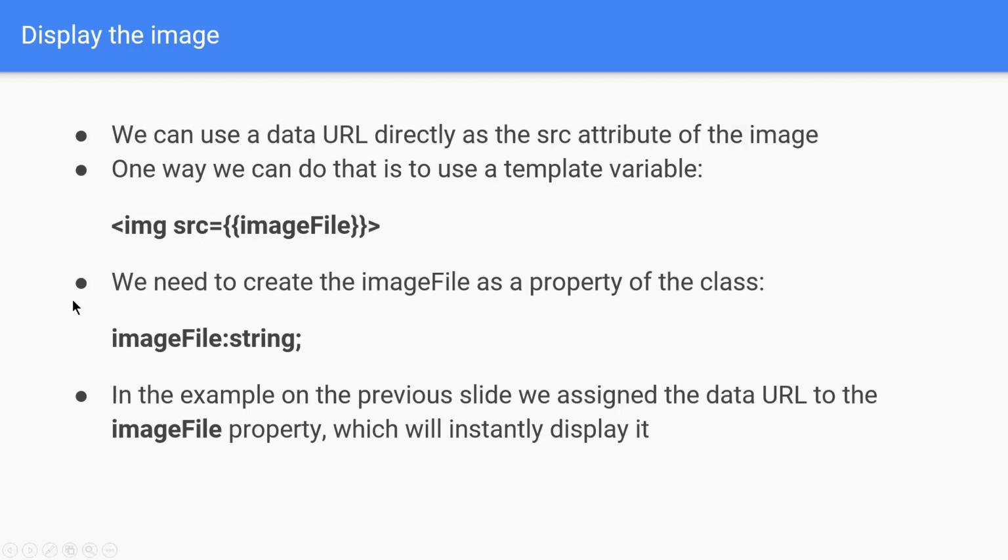One way we can do this is to use a template variable. Seeing the example here where we have an image source, and we have our binding syntax on a variable called image file. We need to create the image file as a property of the class, and it's just going to be a string. In the example on the previous slide, we assigned the data URL to the image file property, which will then instantly be displayed.